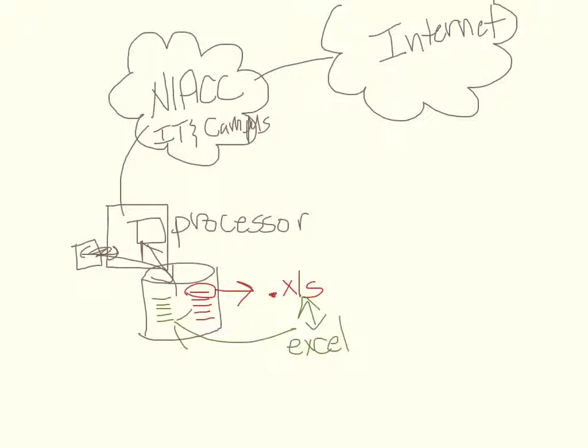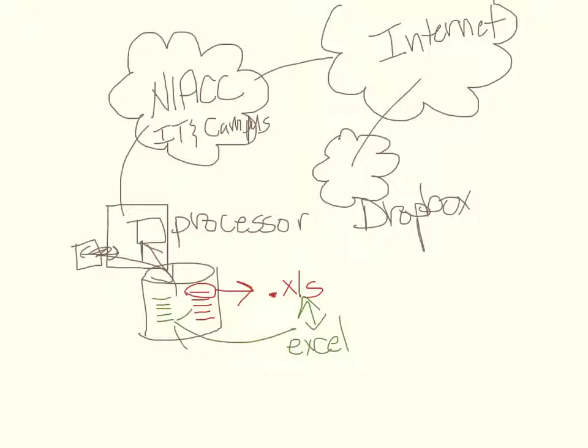So I gave an example of a Dropbox on my other computer. Well, the Dropbox is connected to the internet also. Okay, so let's say this is Dropbox. They're connected to the internet.